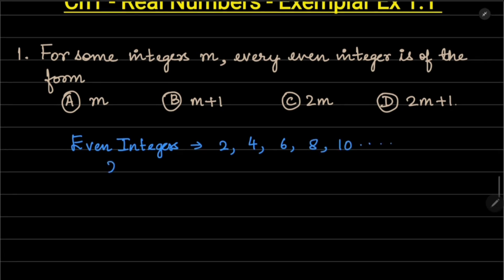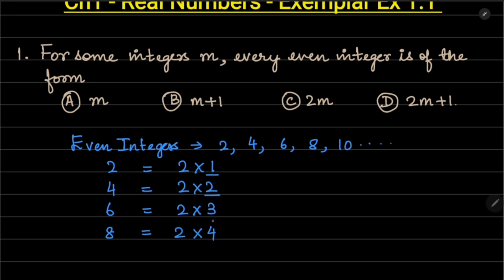Now 2 is nothing but 2 multiplied by 1, 4 I can write as 2 multiplied by 2, 6 as 2 multiplied by 3, 8 as 2 multiplied by 4. So what are these 1, 2, 3 and 4?